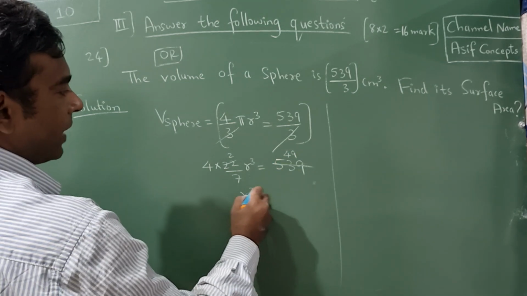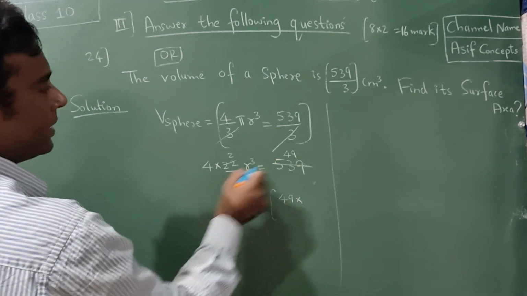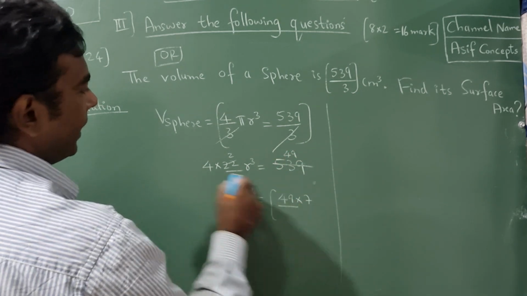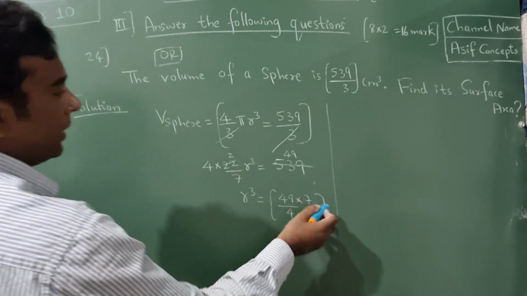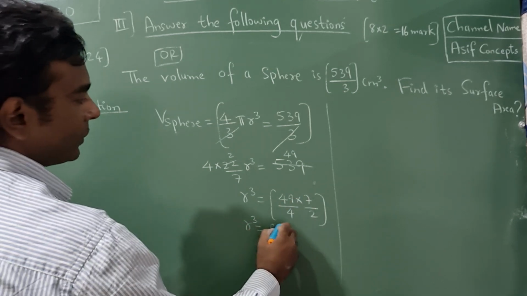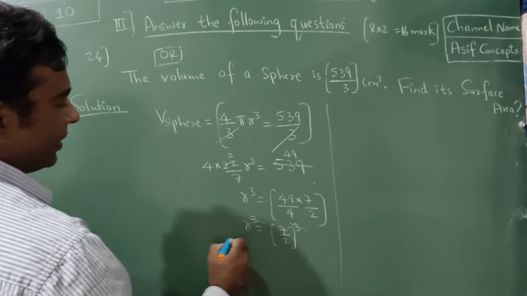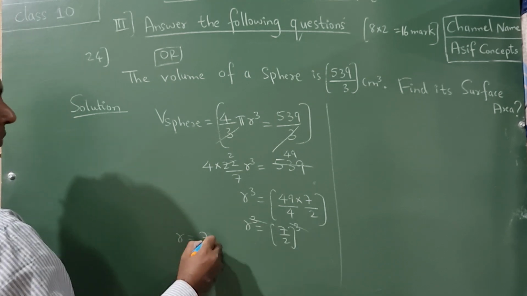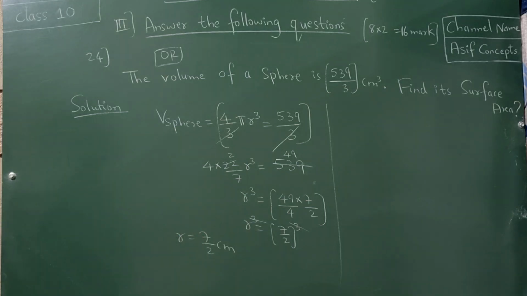Okay, so r cube will be, this is 49. Okay, this 7 multiplies here, and this 4 here, and this 2 here. Clearly you can see r cube is equal to 7/2 cube. So what will be the r value? R value will be 7/2 centimeter. I hope you understood till here.